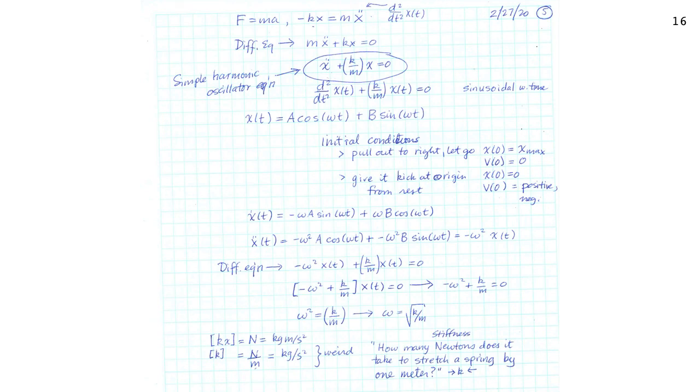So this is weird. It's a spring constant, newtons per meter, but kilogram per second squared is like mass per square second. Newtons per meter is actually fairly intuitive.